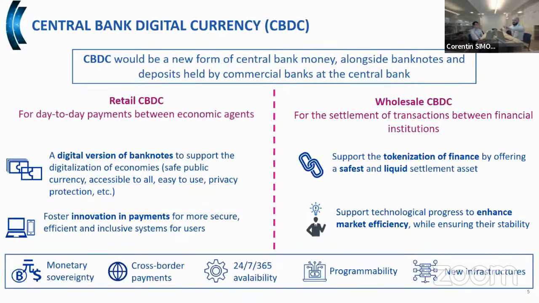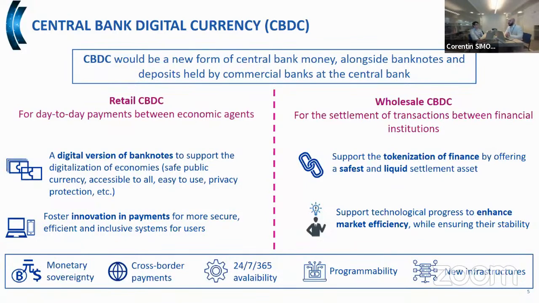So there are three different objectives that would be the goal, I would say, of those kinds of technologies. First of all, monetary sovereignty, which is an important topic today at the European level.